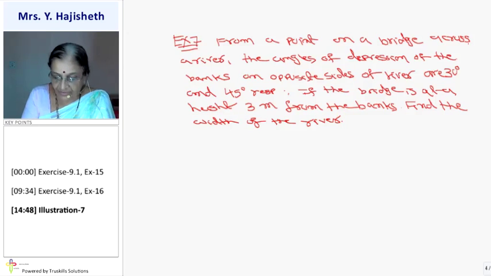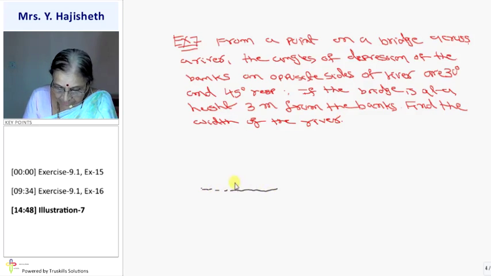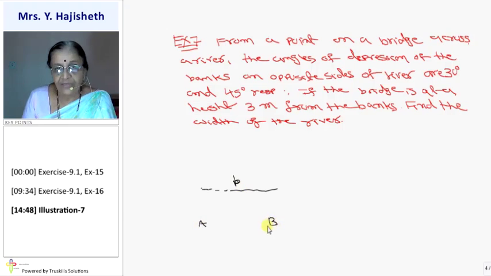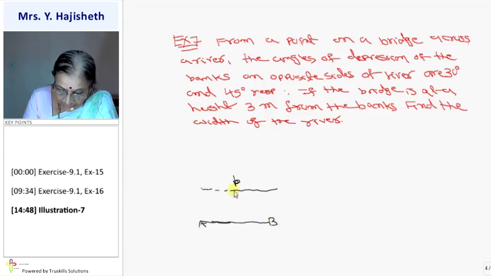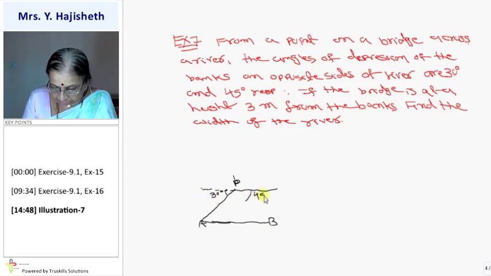First I will construct a figure. Suppose this is a point P on the bridge. Now there are 2 points on the opposite side of the river. This AB is a width of the river. Suppose A is point on this side, B is point on this side, and angle of depression of point A is given as 30 degree and angle of depression of point B from P is 45 degree.